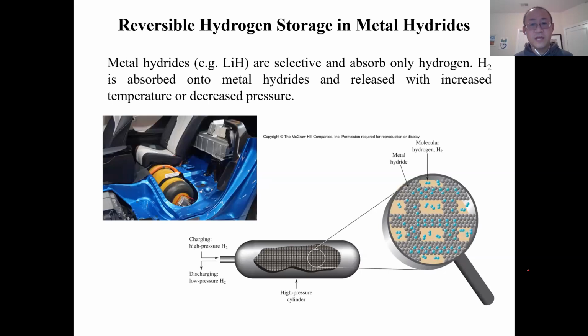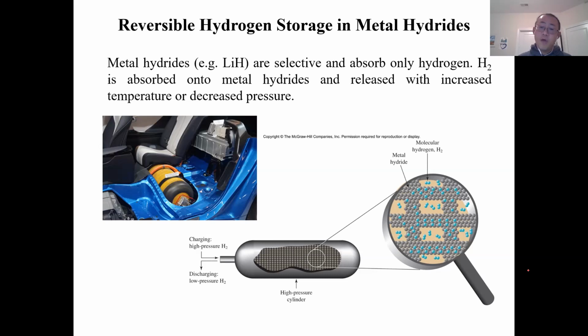One way is to build a cylinder or a tank of hydrogen composed of metal hydrides, because metal hydrides such as lithium hydride can selectively absorb hydrogen gas. So the gas can be pressurized into these tanks and selectively absorbed on these metal hydrides. And of course, when you release the pressure, the hydrogen gas can be released from the metal hydrides.